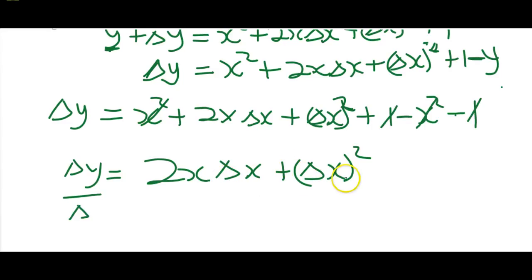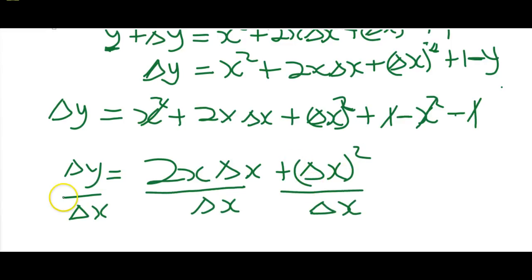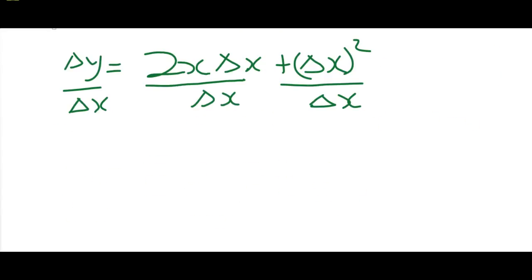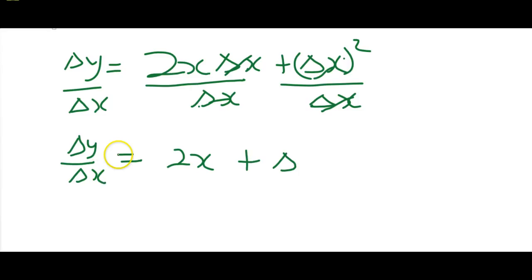So dividing here by change in x, here by change in x, here by change in x. Okay. So I have my change in y on change in x is equal to, this will cancel this. So I have 2x there and one of this will cancel one of this, leaving me with plus change in x alone.